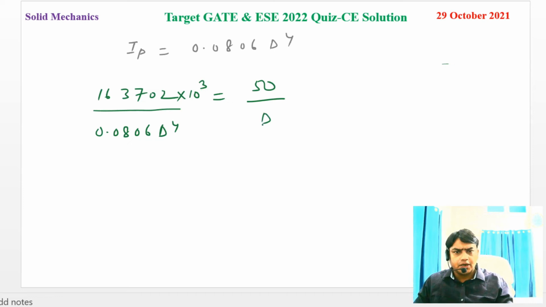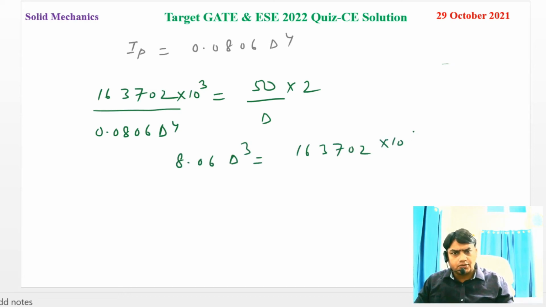D cancels, so we get 100 into 0.0806, which is 8.06, D cubed is equal to 163702 into 10 to the power 3.